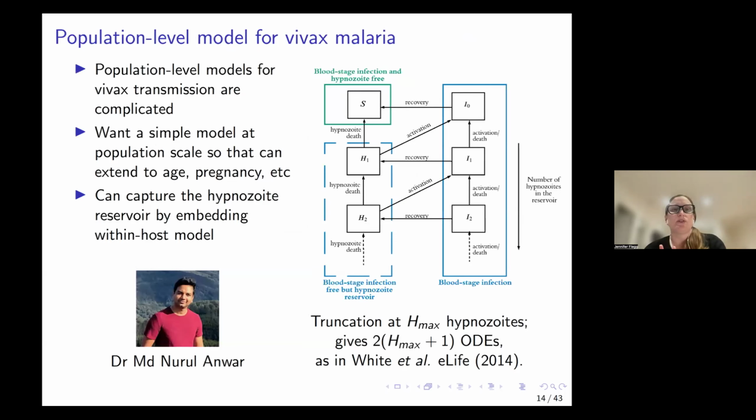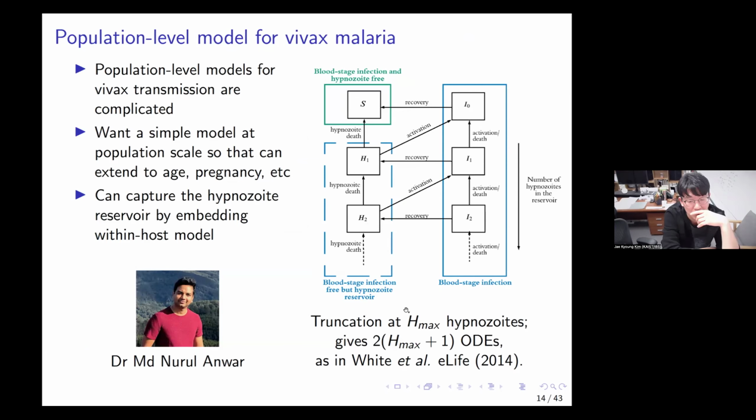I wanted to now move on to the population level model. Population level models for Vivax malaria are quite complicated, and it's for the reason that you can have an unknown number of hypnozoites in the reservoir. Normally you think about an SIR model for infection, and that's great, but for Vivax malaria, you can be infected with 0 hypnozoites in the liver, or 1, or 2, or 3, and so on, up to any number.